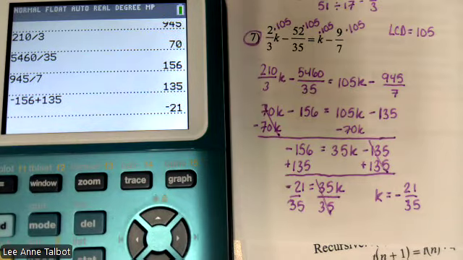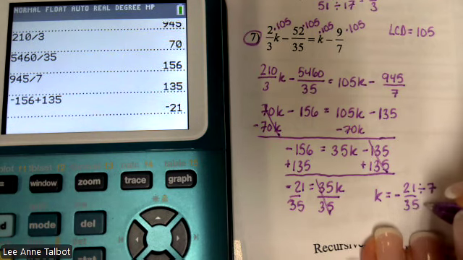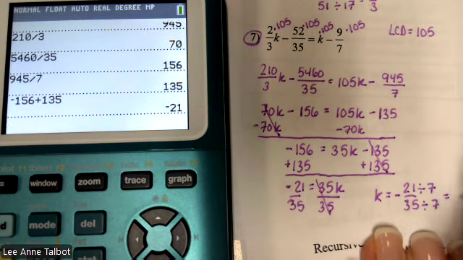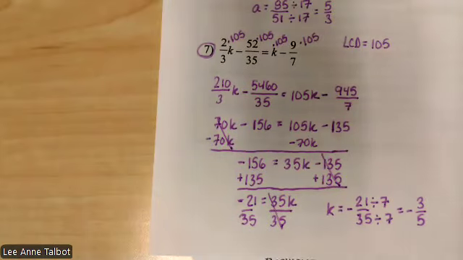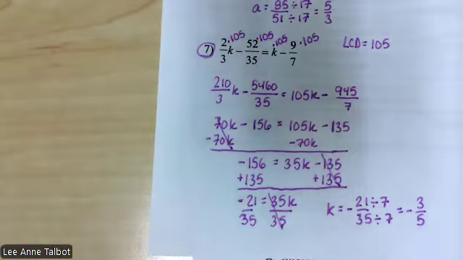What goes into 21 and 35? Yeah, 7. Beautiful. Awesome job. Negative 3 over 7. Hey, our answers from 5 and 7 are opposite reciprocals.